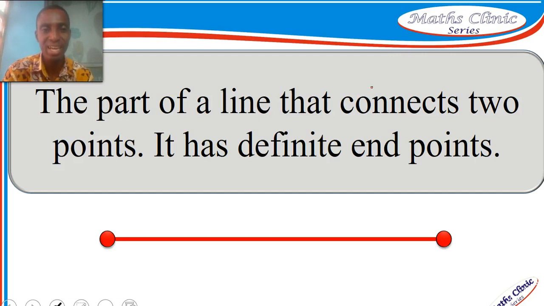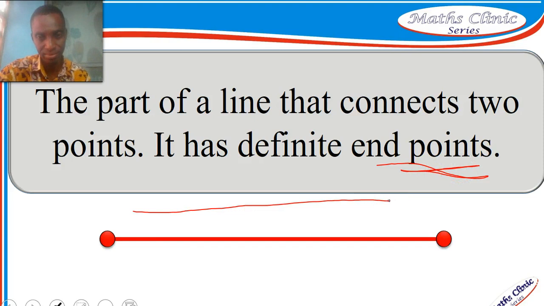So if you say a line is the connection between 2 points, then you are defining a line segment, not just a line. It has definite end points, so that is what we call a line segment. I start it, I will end it. But where I start, it has no end, or it has no beginning, then we call it a line. So that's the difference between line and line segment.